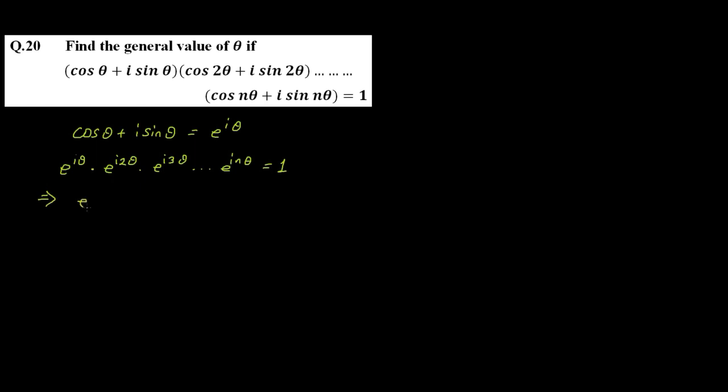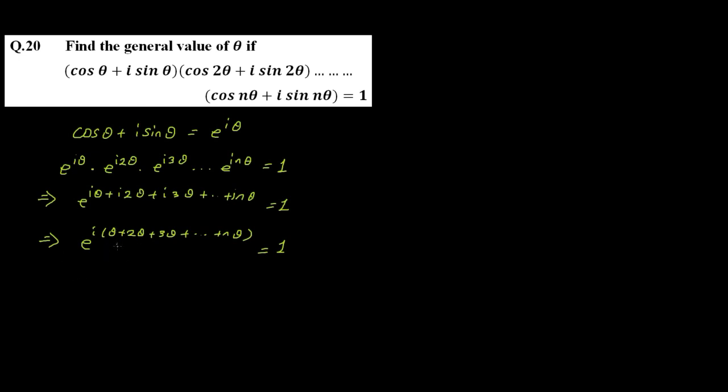So from here I can write e to the power iota theta plus iota 2 theta plus iota 3 theta up to iota n theta is equal to 1, and we can again rewrite e to the iota, taking common, (theta plus 2 theta plus 3 theta up to n theta) is equal to 1. Now again we can convert it into polar form.